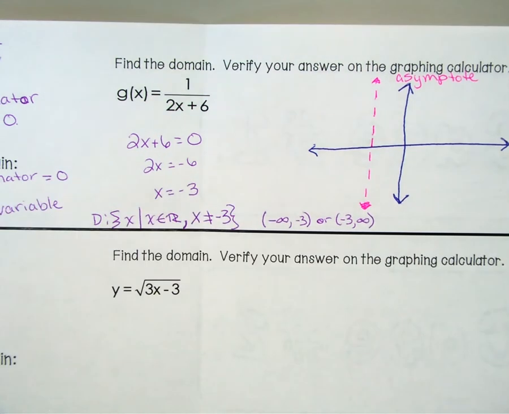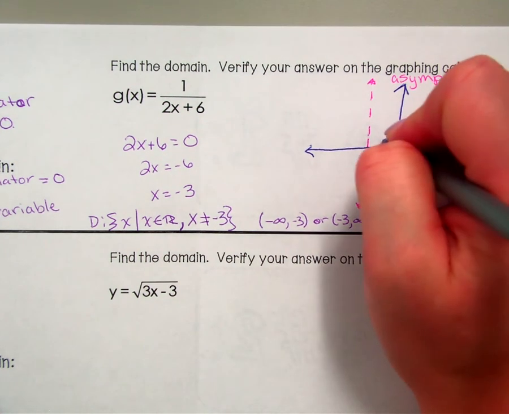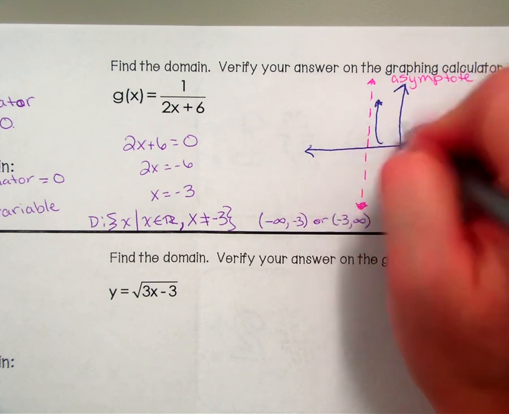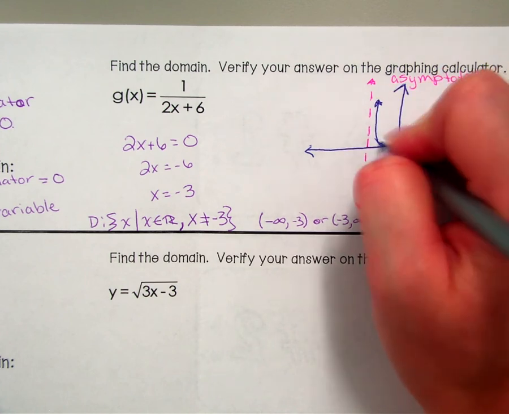An asymptote is a line that your graph approaches, but never actually touches or crosses. Because negative 3 makes our fraction undefined, is the term here, we can't use negative 3. So there's going to be an asymptote on the graph, and we're going to get a graph that looks like this.